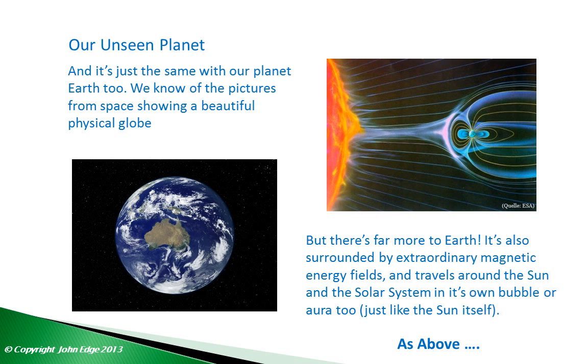Earth is also surrounded by an extraordinary magnetic energy field and travels round the sun and the solar system in its own bubble or aura too, just like the sun itself. All the physical bodies we see in our universe also have these kinds of bubbles or auras around them in one form or another.